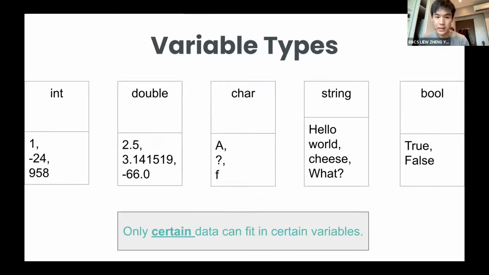These are all single characters. And we have strings, which are chunks of letters, like hello, world, cheese, what. Strings are either whole coherent sentences or simple words.